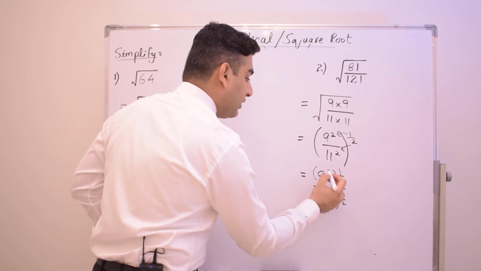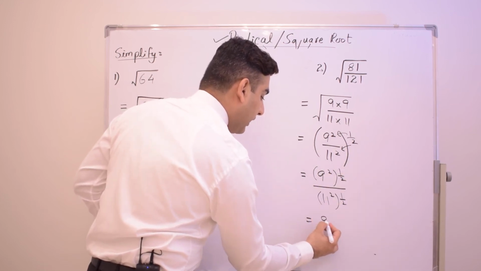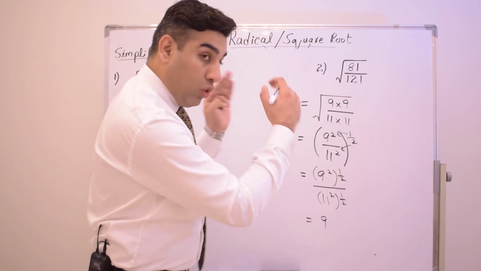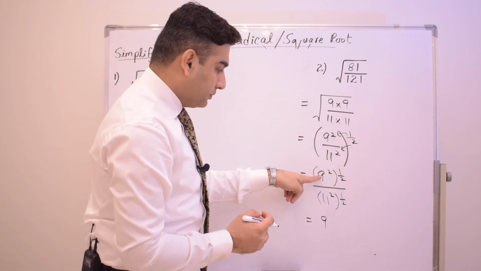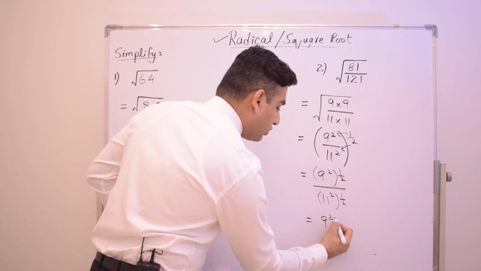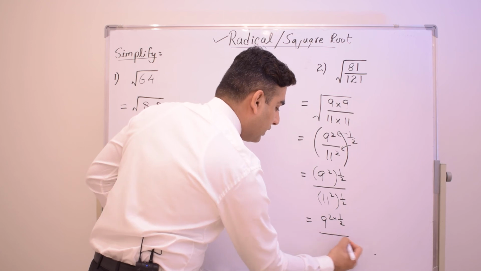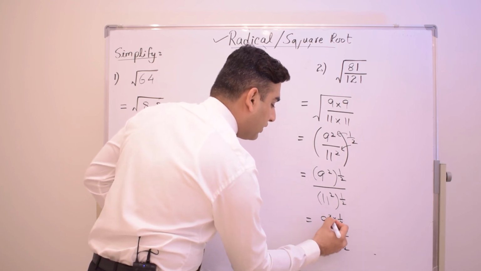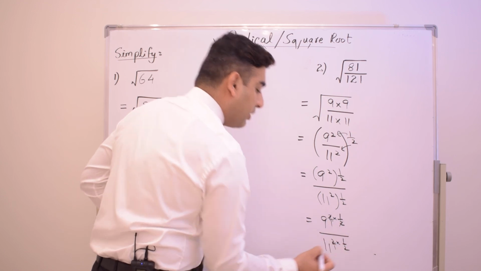This power and this power will multiply. I told you that this 1 over 2 is as a whole over 9 power 2, so they will multiply. So 2 times 1 over 2, and 2 times 1 over 2. 2 and 2 will cancel.